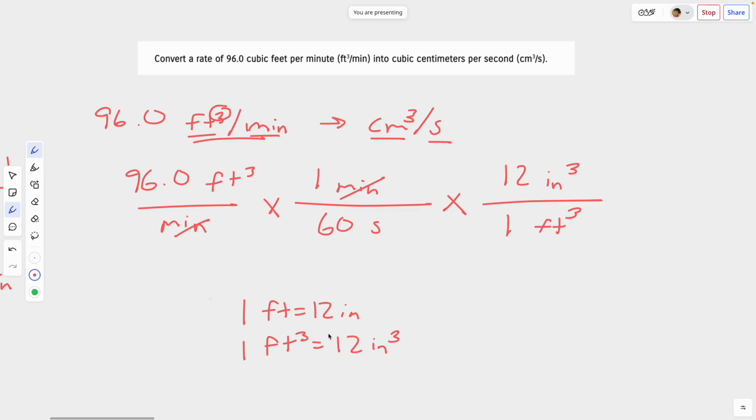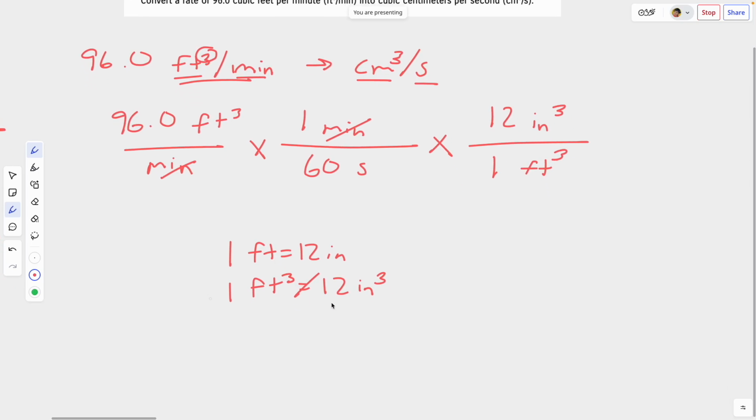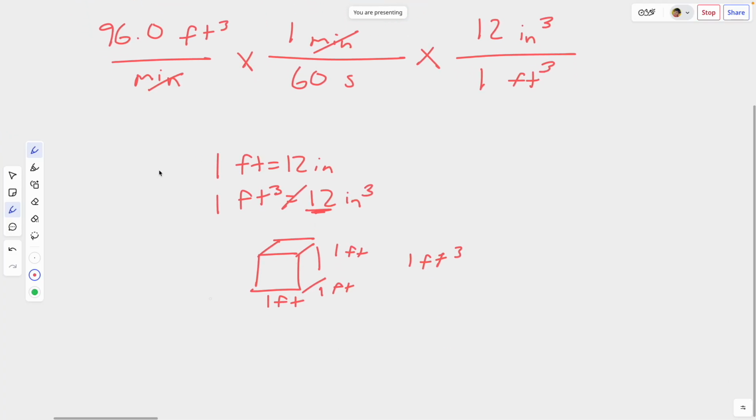This is not equivalent. The reason why is because when we do this, we're ignoring the numerical value here. For example, if I were to draw a cube, right? And all of these sides were 1 foot, all of these sides. If we find the volume of this, we would get 1 foot cubed. But 1 foot is equal to 12 inches, right? We know that here, just the linear version. It's equal to 12 inches, right?